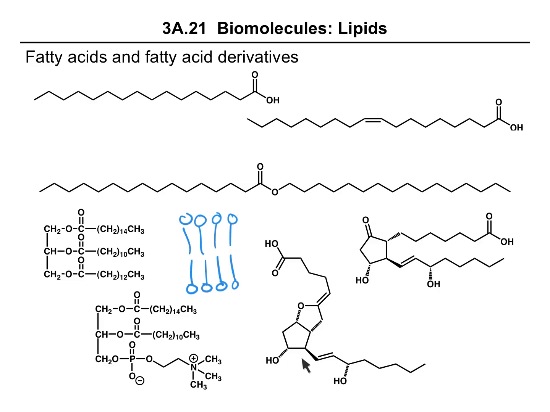These are much more complex, but they're still based on fatty acids. This is a prostaglandin, which is a chemical messenger. And this is prostacyclin, another chemical messenger that inhibits platelet activation.